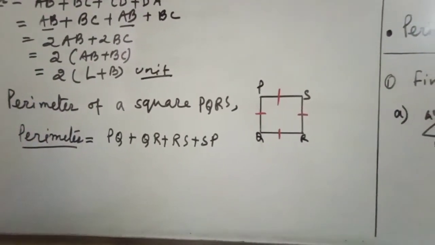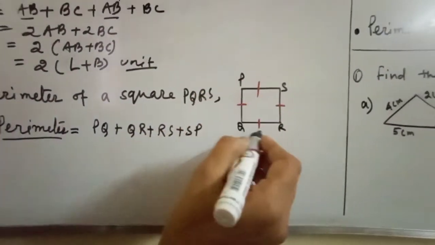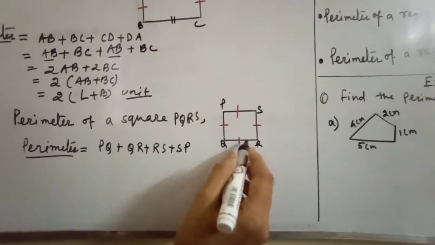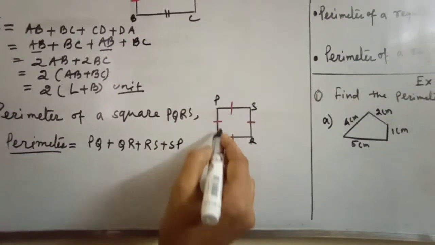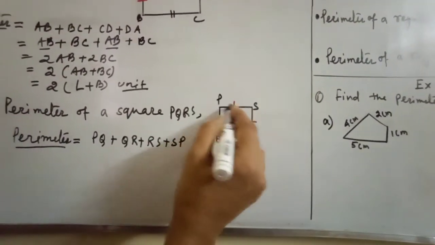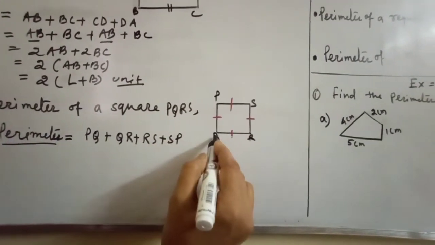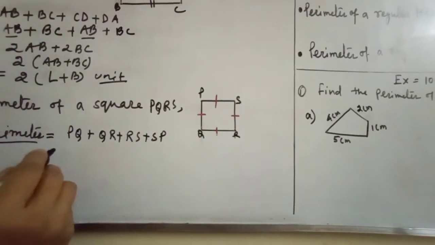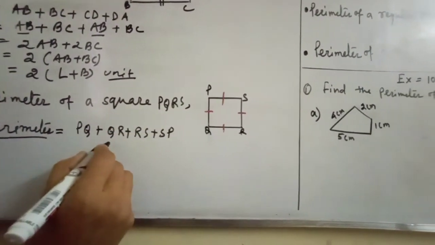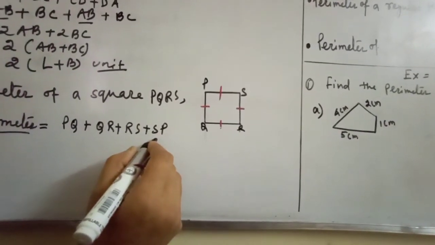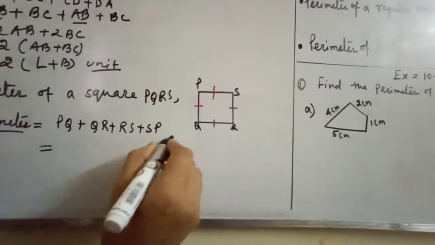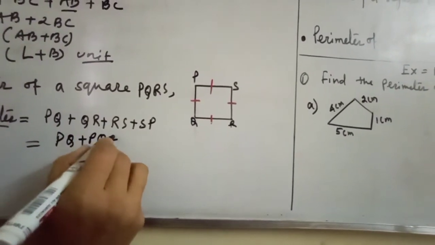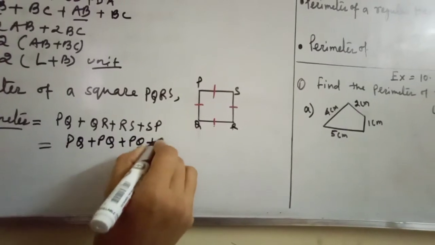Perimeter of a square. Take one square, PQRS. You know that in a square all the sides are equal. So what is the perimeter of PQRS? Perimeter of the square PQRS is equal to PQ plus QR plus RS plus SP, or as all the sides are equal, we can write PQ plus PQ plus PQ plus PQ.